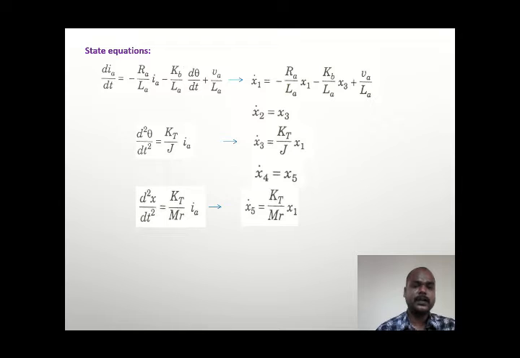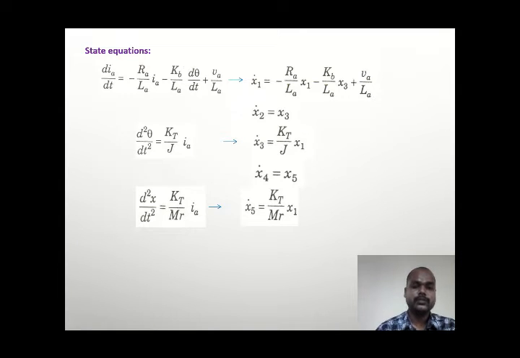And this current equation will give us the derivative of x3, which is the theta dot derivative, that is theta double dot, which is d2 theta by dt square equals Kt by J times x1. x1 is the current, and accordingly we can obtain x4 dot equals x5 for this displacement and velocity, where x5 is x dot and x4 is x.